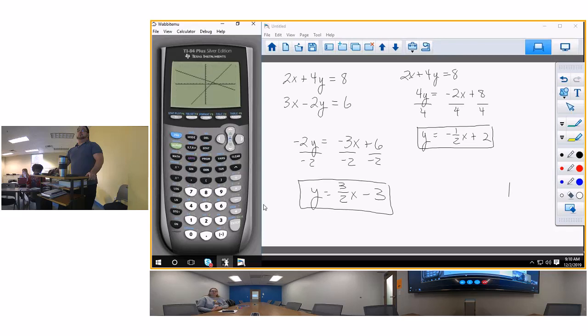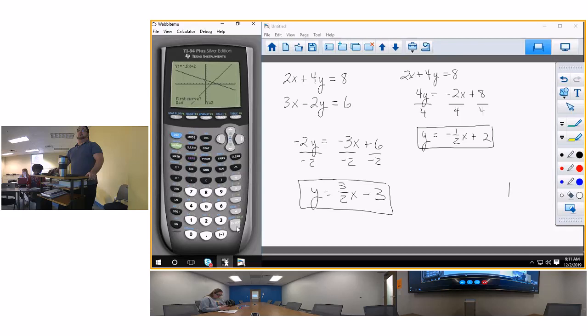Now, we have an intersection. You can tell. So you go look for it. How do you look for it? You hit second, trace, intersect. And then you don't have to hit the first or the second, just hit enter.